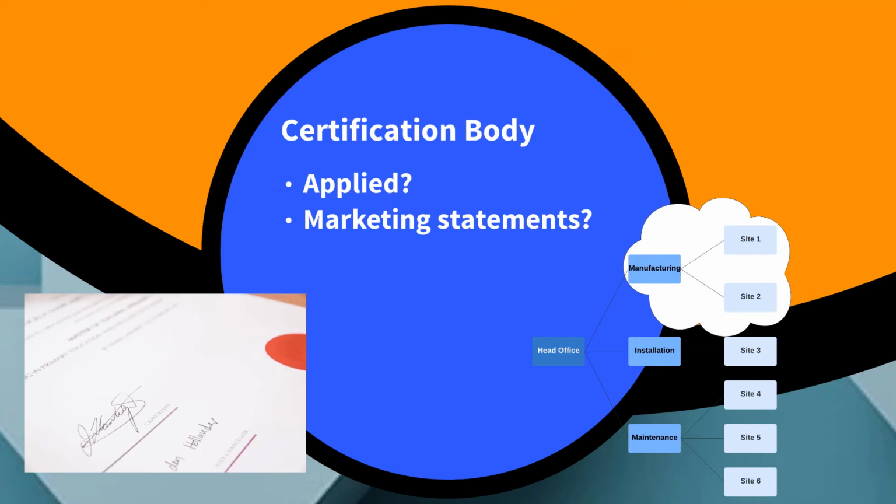They'll expect you to take that out because they're not really there to certify that, yes, you're the world's best security system product. They're really there to certify that you've applied your safety management system to the parts of the business that you have stated you will apply it to.